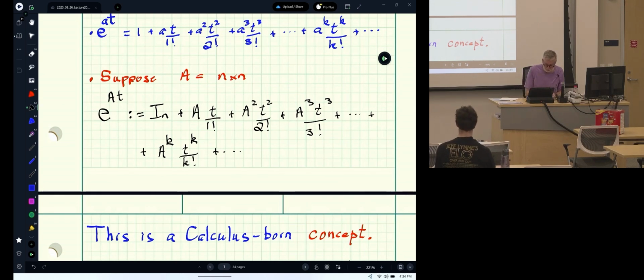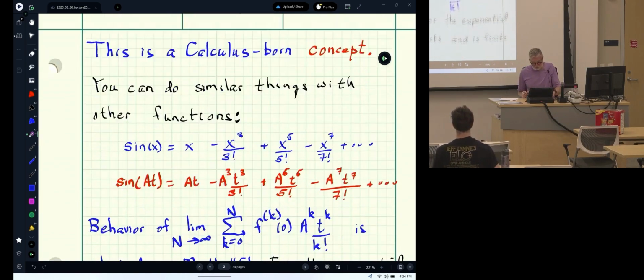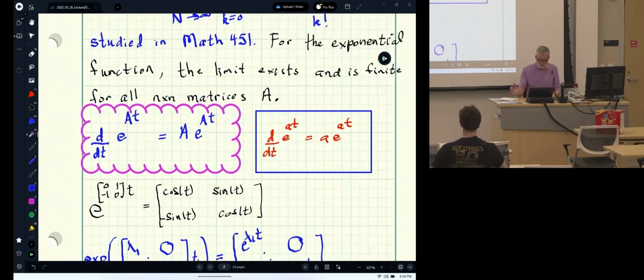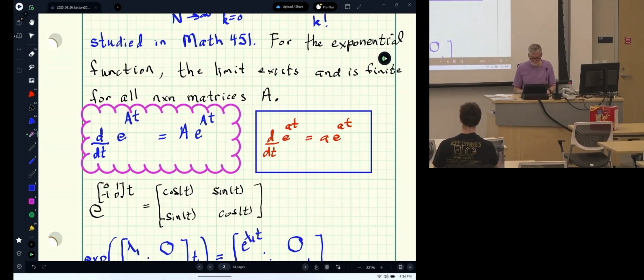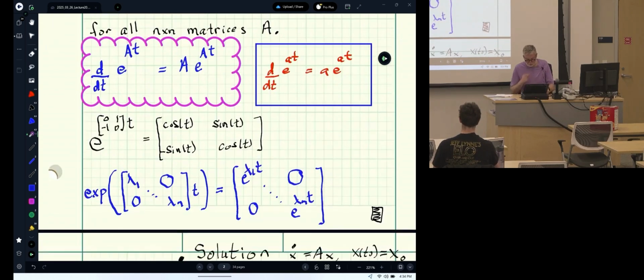But when you do that, you find out that you can take the A down and bring it to the front, just like with the normal exponential function applying the chain rule. And if you wanted, you can put it on the other side as well, but we don't really need to.